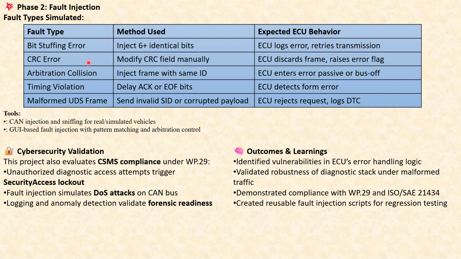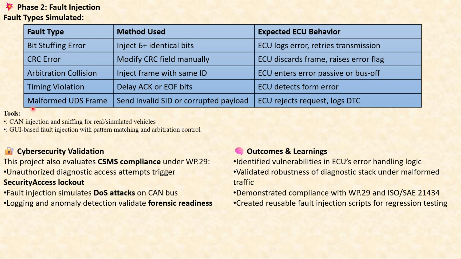And second is CRC error. Modify the CRC field manually. The ECU discards the frame and raises an error flag. Now talking about the arbitration collision, inject a frame with the same ID, and the ECU enters error passive or bus off. Now talking about the timing violation, the method used is to delay the ACK, acknowledgement, or end of frame bit, and the expected ECU behavior is that the ECU detects a form error.